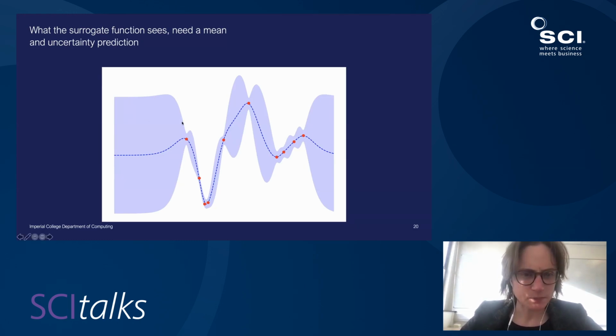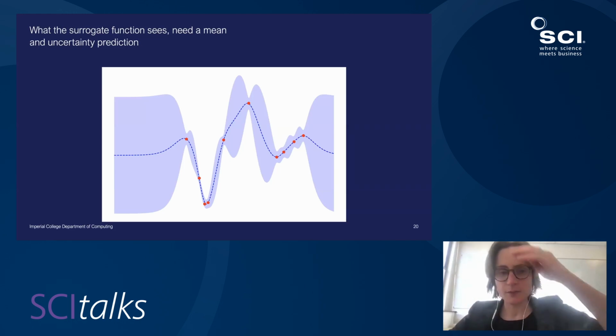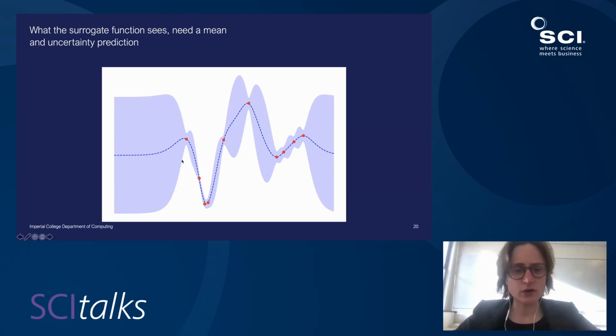And then the blue shaded region is telling me where I am uncertain. In this particular model, the underlying surrogate that I used, and this is just an example from scikit-learn, so I just rigged up an example in there, this is just a Gaussian process with an RBF kernel.